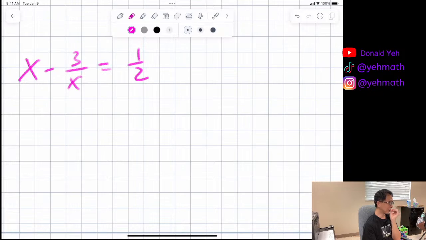Now, why is this question different than any other question and also the same?